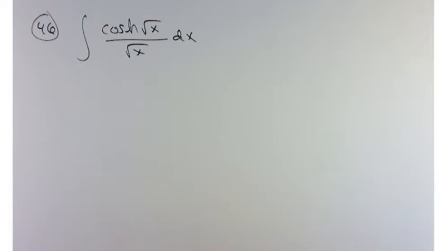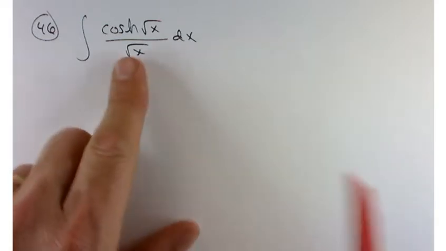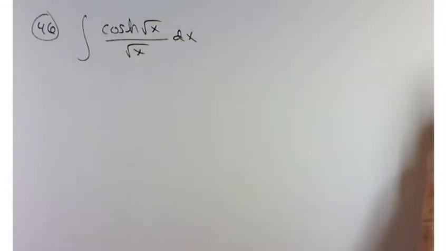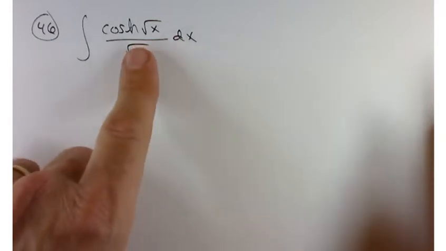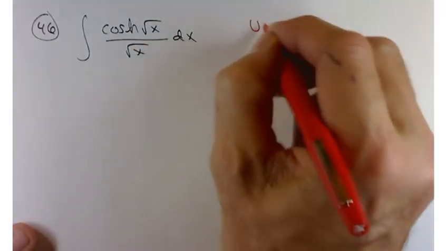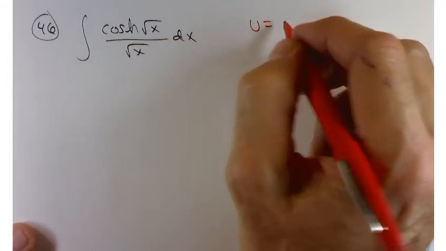Okay, so, boy, if this was just a simple cosh function, I could integrate it, because we know that cosh is the derivative of sinh, so I could find the antiderivative pretty easily. But unfortunately, I've got this square root of x term here. Now, what's unusual about this one, and this is a little tricky, is the way that the u substitution will work. So let me just show it to you in this particular case.